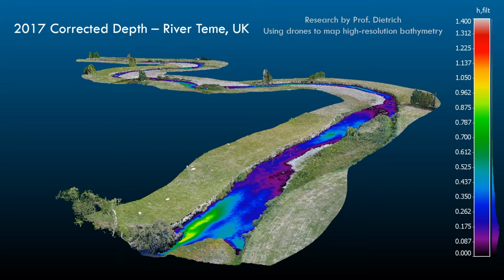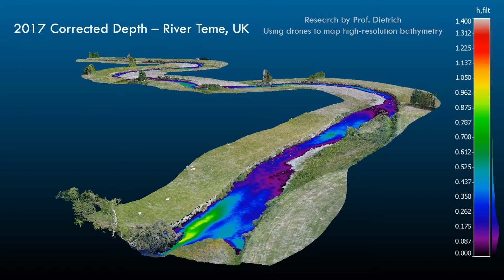The cooler colors, the purples and blues, are shallower, usually less than 40 centimeters. The greens are mid depths, less than a meter but more than 40 centimeters. And once we get into the really warm colors, the yellows and the reds, we're over a meter deep. So this gives you an idea of what to look for as we're traveling downstream.